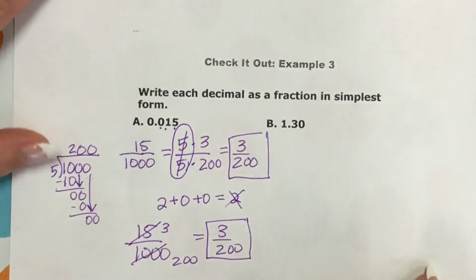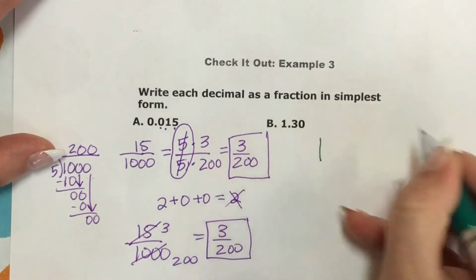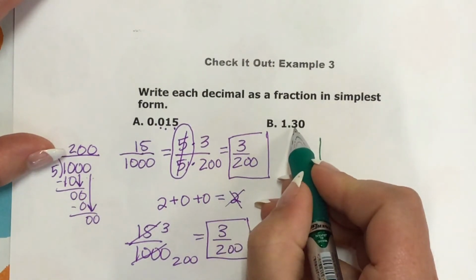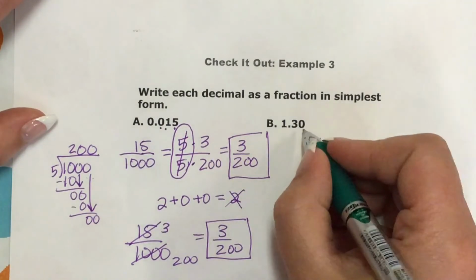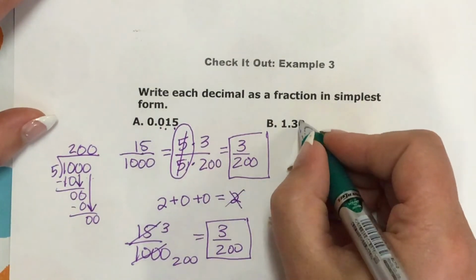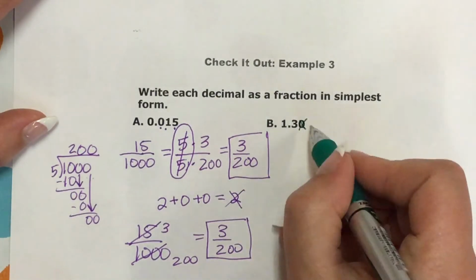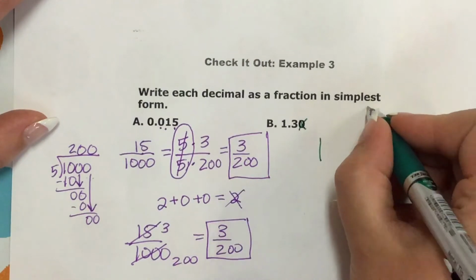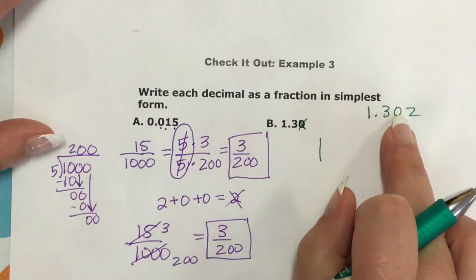1.30. So we're going to write this as 1, and this is 3. This is the tenths place. Now this 0 is here, but it's really not needed. You don't need that 0 there. If there was a number after it, like if it was 1.302, then that 0 would be needed.